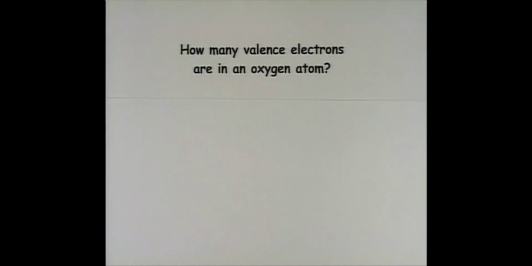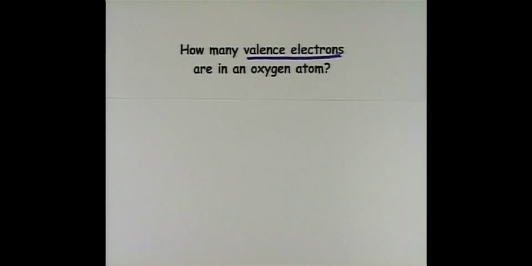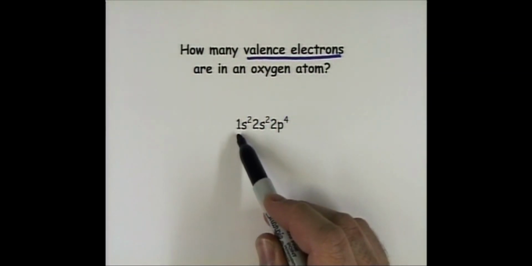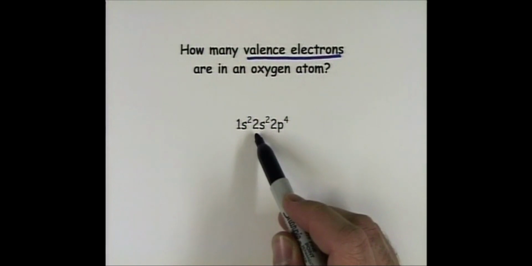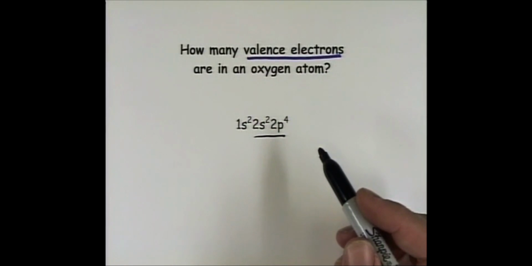You will remember how we talked about valence electrons, which are the electrons on the outer energy level. Looking at oxygen's electron configuration, you can see that it has electrons on both the first and the second energy levels. This makes the electrons on the second energy level the valence electrons.